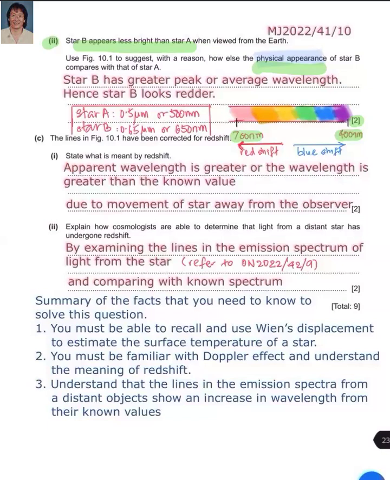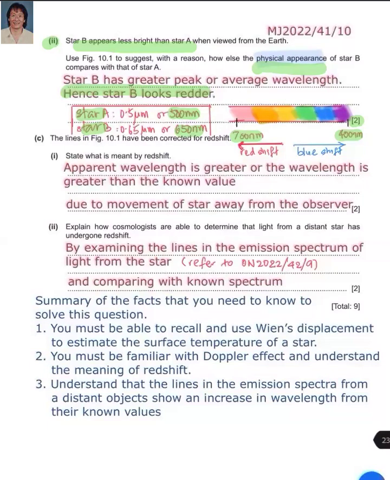For star A, the peak wavelength occurs at 500 nanometer, and for star B, it occurs at 650 nanometer. So star B has a greater peak or average wavelength. 650 is larger than 500. Therefore, star B appears to be redder because it's moving towards the red side, where the wavelength for red electromagnetic waves is 700 nanometer.